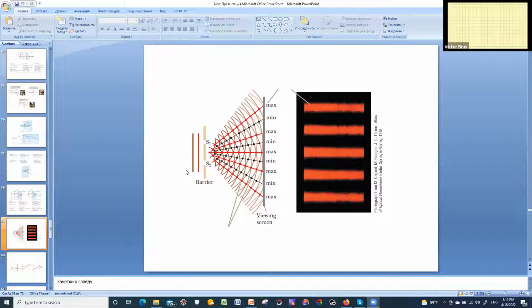We need to send it through a device which is called a monochromator, so it can cut all other wavelengths and transmit only one wavelength. Or we can use a laser, which is already a source of monochromatic light.